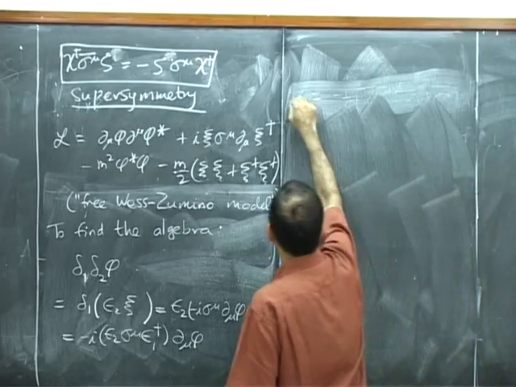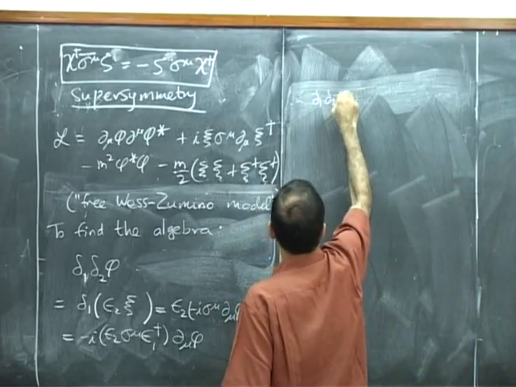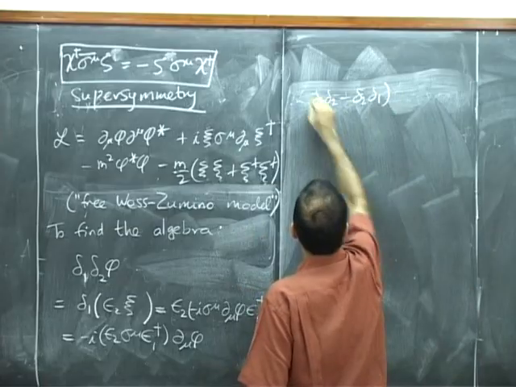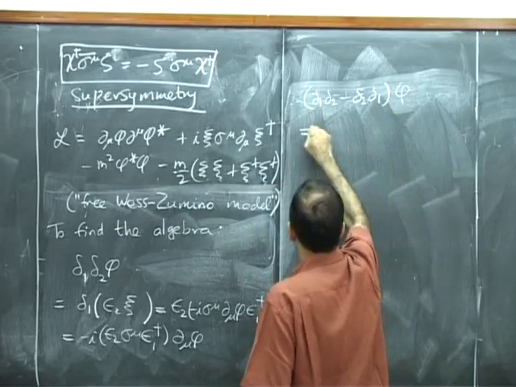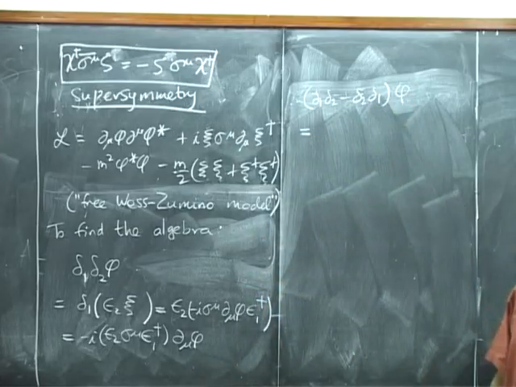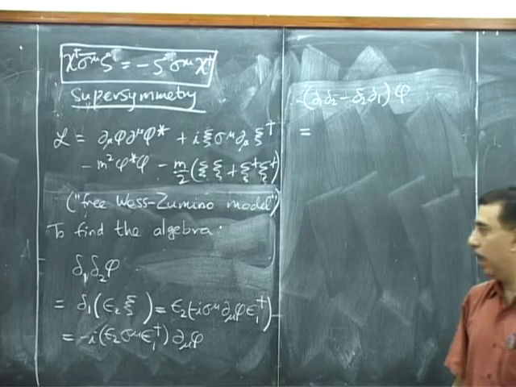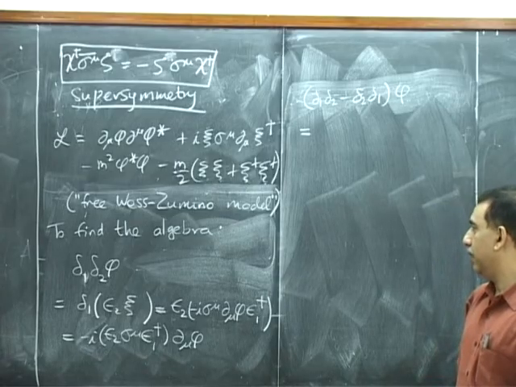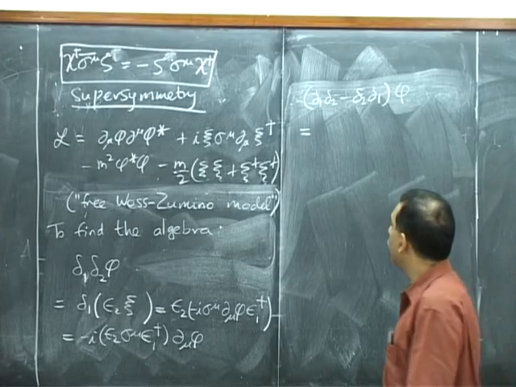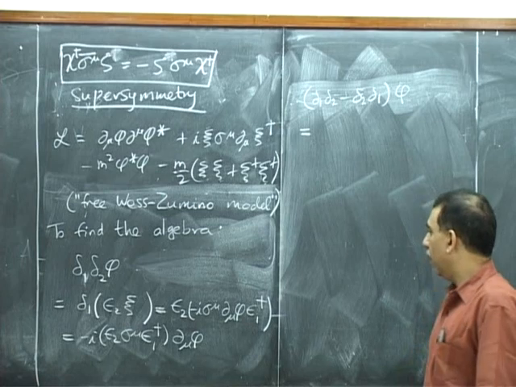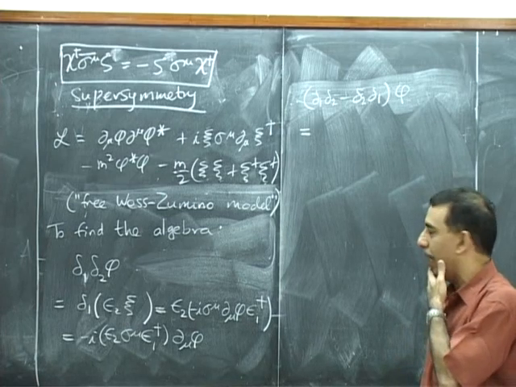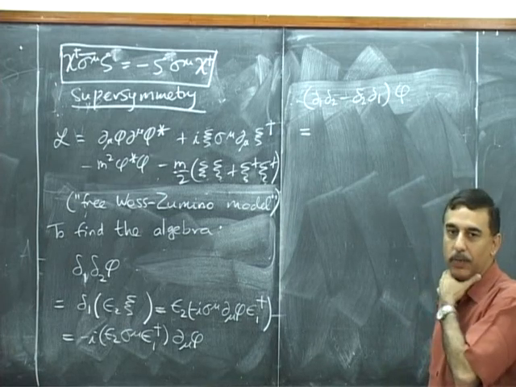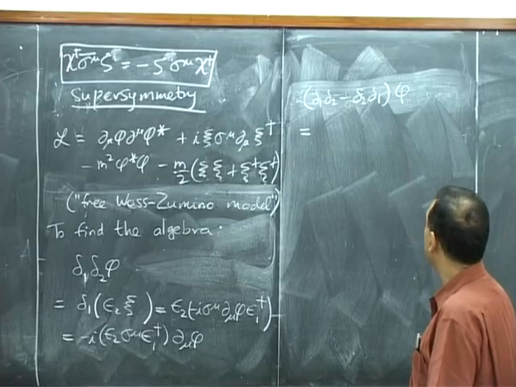Therefore, delta 1 delta 2 minus delta 2 delta 1 on phi. We are again working into the results. And actually, we'll find that the m terms won't change this commutator, whatever I'm going to give you as the answer.